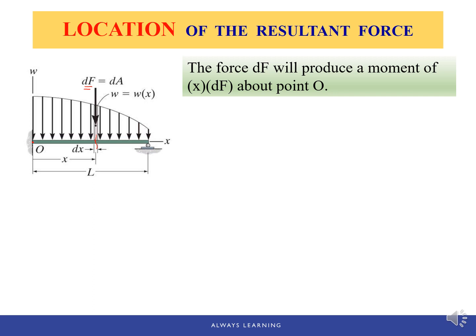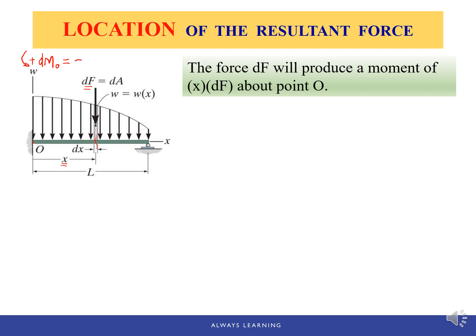The moment arm of this differential force dF equals x, and therefore the differential moment... let's define counterclockwise rotation as the positive moment. So this dMO should be equal to... now since the dF is to the right of this point O, it will create the clockwise rotation.